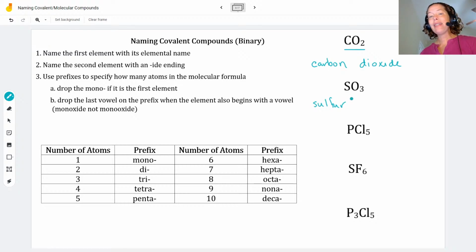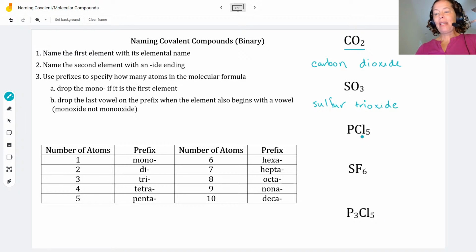Now, for my second element, it's oxygen again, which is oxide. And now I need to use my prefix. This time I'm specifying 3. So number of atoms, 3, which means my prefix is tri. So this is trioxide. Again, the vowels don't repeat, so we don't simplify. All right, let's make sure there are no questions.